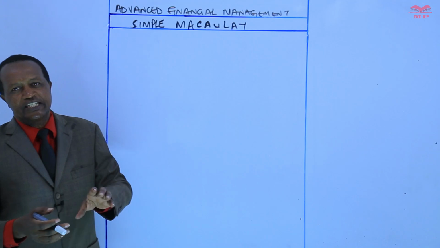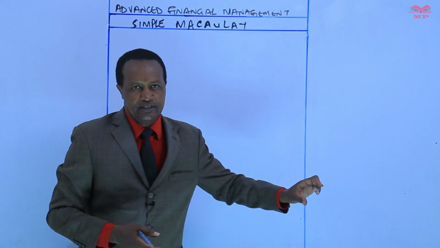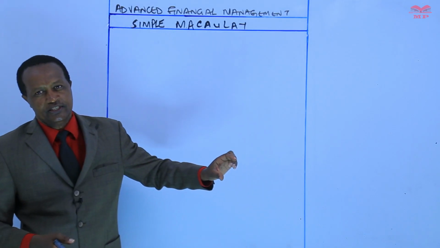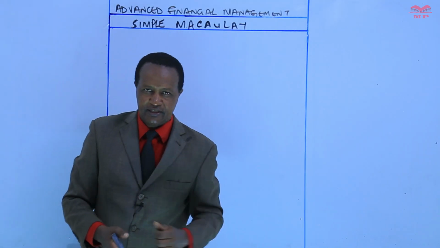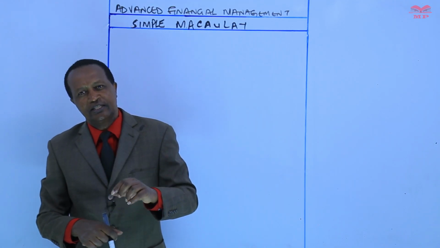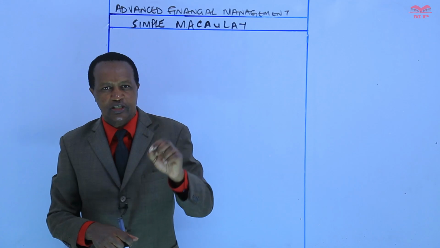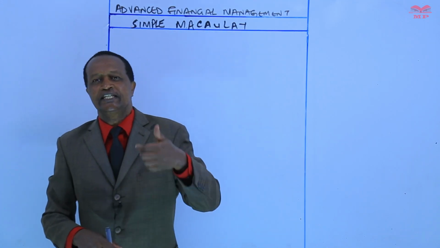So duration gives each bond an overall risk weighting. Do you understand? That allows two bonds to be compared. And in simpler terms, it is a composite measure of risk expressed in years.